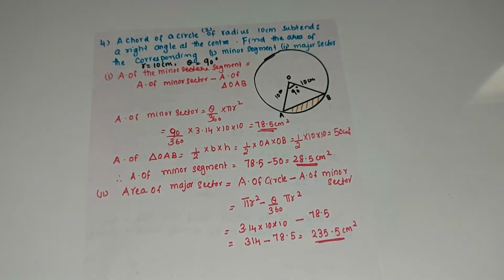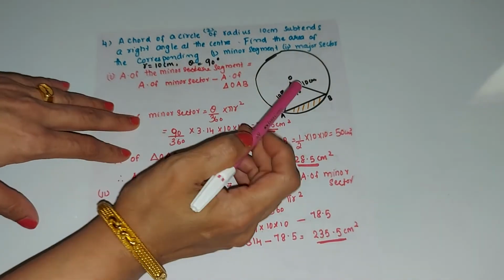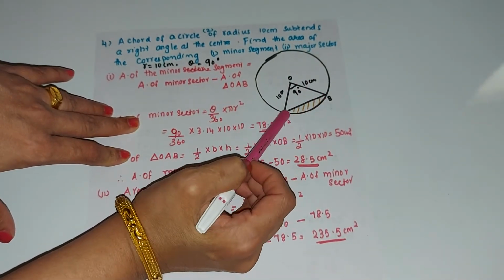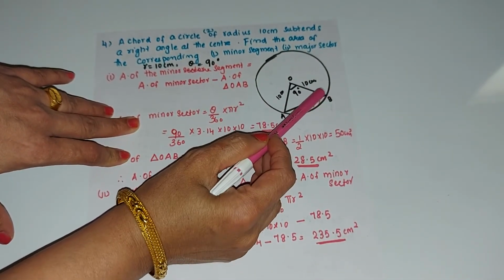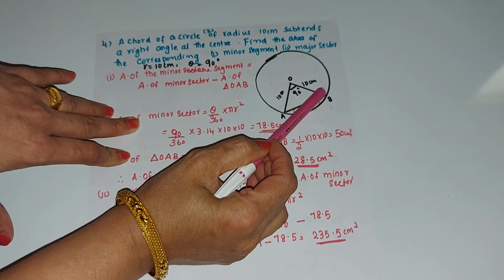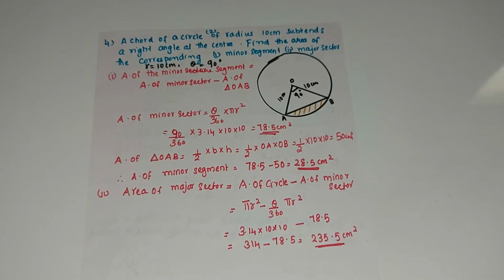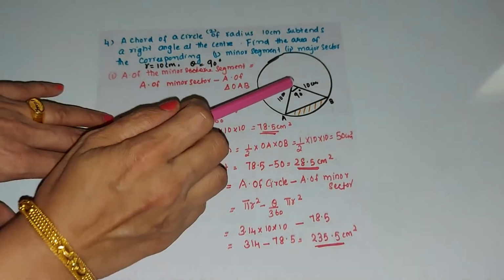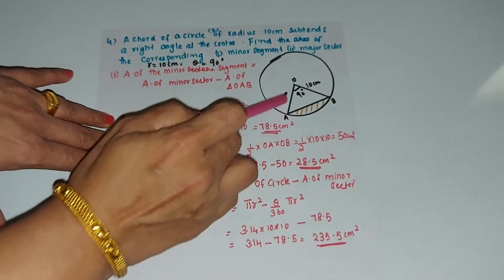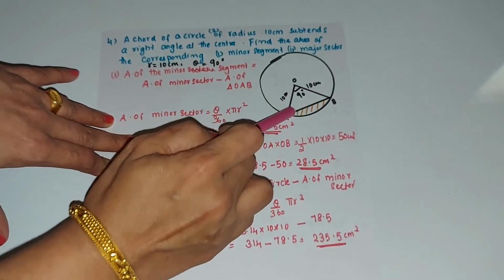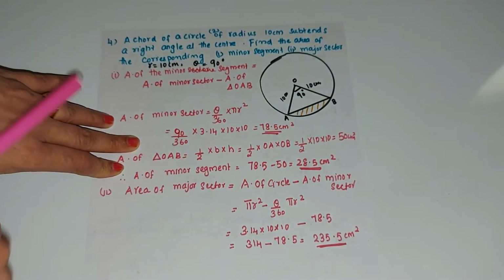So to get the area of the minor segment, you first find the area of this minor sector and find the area of this triangle and you subtract.